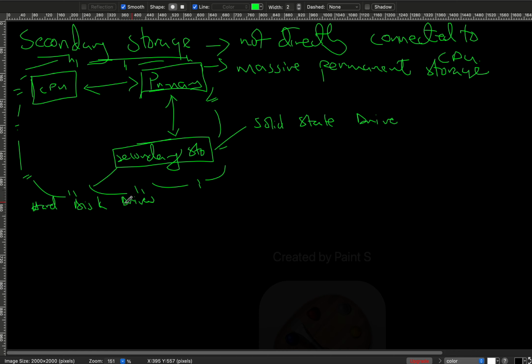These are the examples. Of course, there is another hybrid of these, the solid state hybrid drive, a combination of both worlds. But I'm not going to explain that simply because it's just a hybrid of these. If I explain these two, you already have a picture of what that would be like.